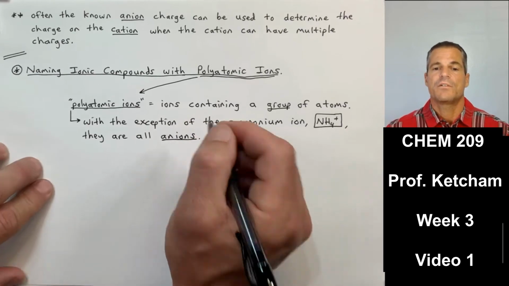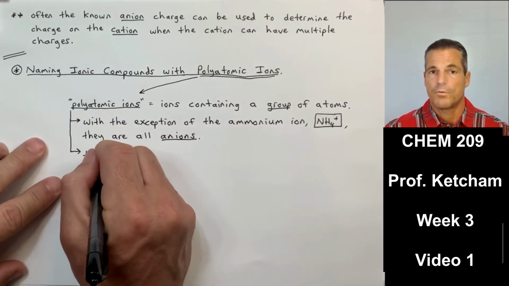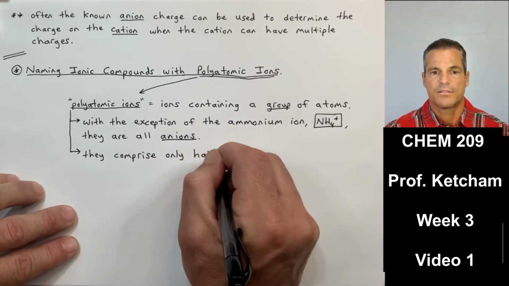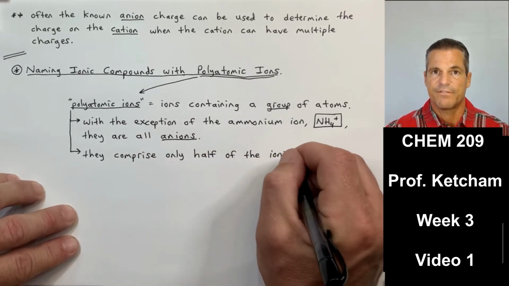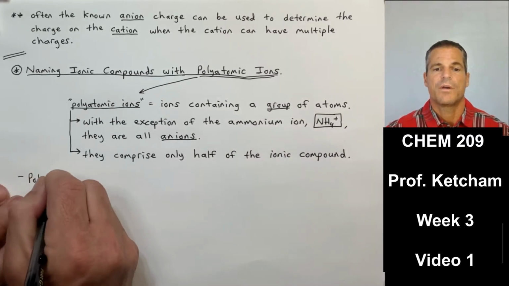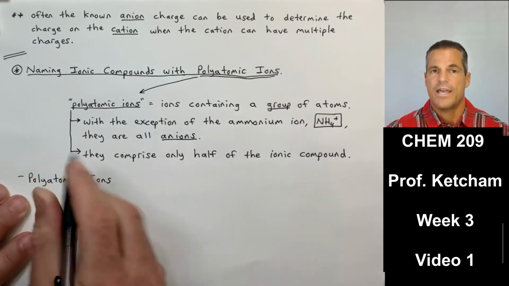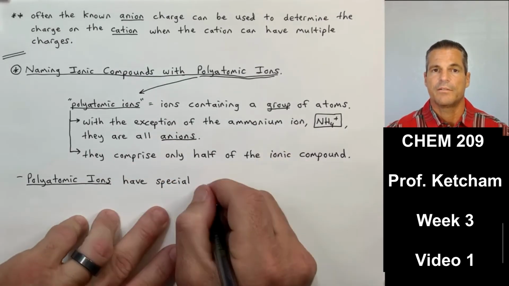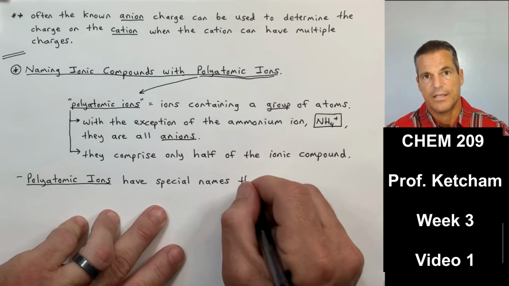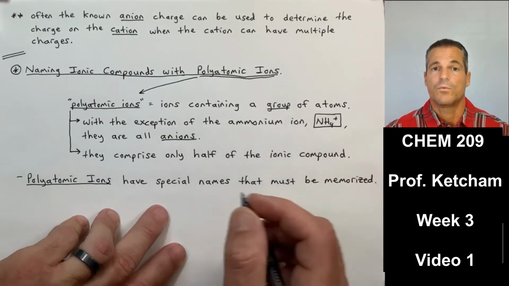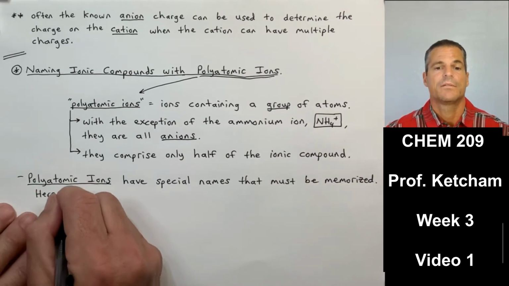With the exception of the ammonium ion, NH4+, all the polyatomic ions are anions. They have negative charges. So polyatomic ions comprise only half of an ionic compound. Remember, an ionic compound is a cation-anion pair.